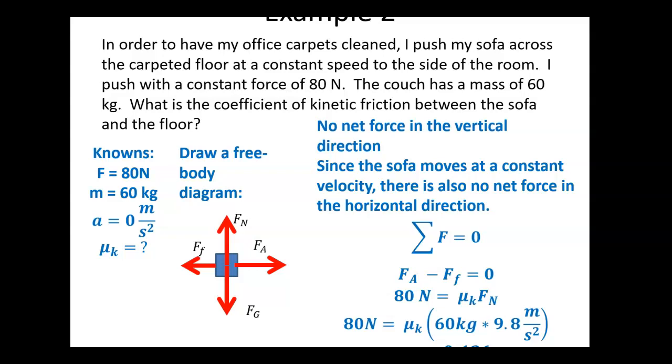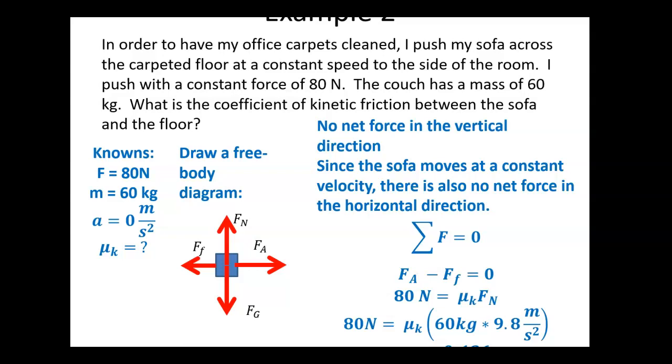That means that in the horizontal direction, the applied force minus the friction force is 0, or in other words, they're equal to each other. And so my applied force of 80 newtons has to be balanced by the kinetic friction force, which is calculated as the kinetic coefficient of friction times the normal force.